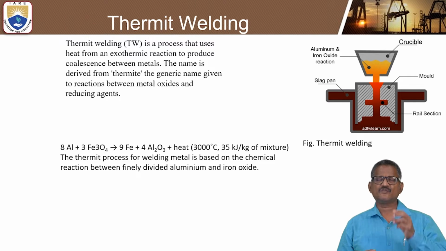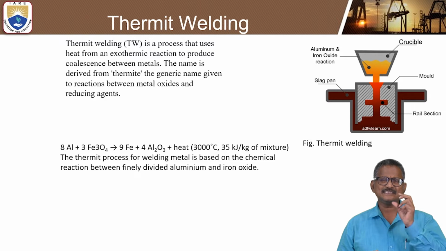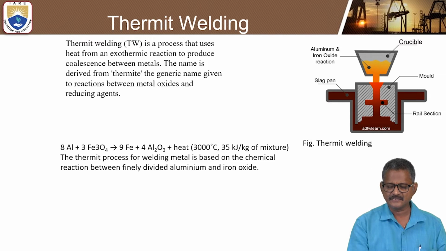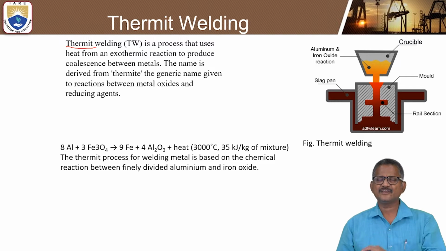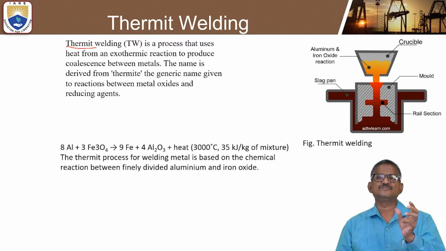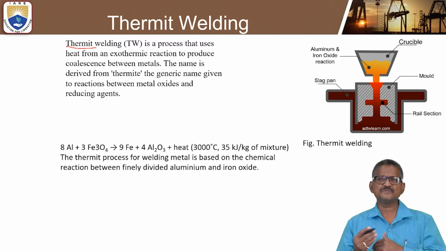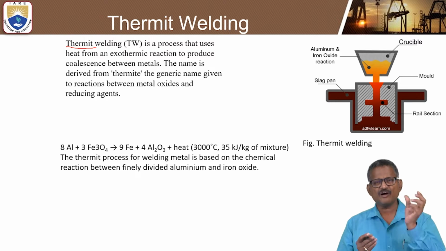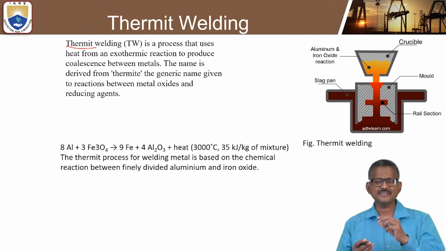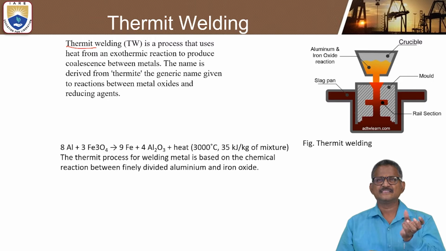So, while understanding this term thermite, the thermite means the combination of aluminum and iron oxide. When an exothermic reaction takes place, this is a chemical reaction, the oxygen comes out from the iron oxide, and iron plus aluminum oxide and some heat, that exothermic heat, can be generated.